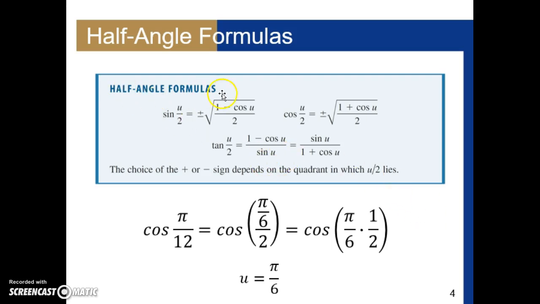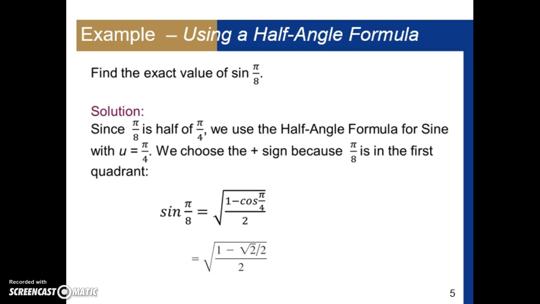So let's work an example using a half angle formula. Here it says find the exact value of the sine of pi over 8. Well, we recognize that since pi over 8 is half of pi over 4, the u that we are using in the formula is pi over 4.